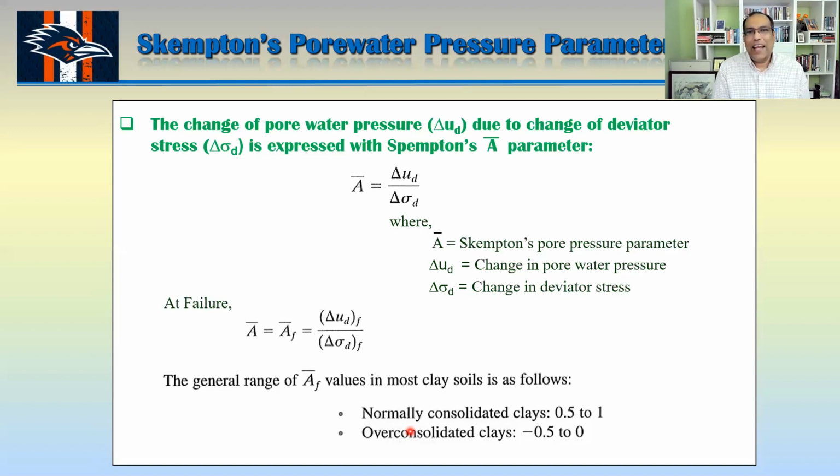On the other hand, for dense sand and over consolidated clay, the volume increases a little bit. When it tries to increase, there will be a suction there. Okay, that's why you have a negative value here.